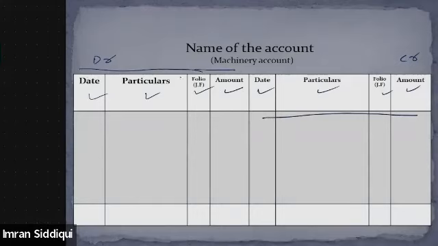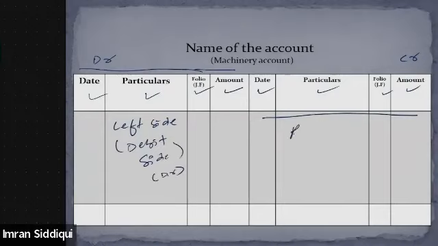The left side of the account is called the debit side, indicated by DR, whereas the right side of the account is called the credit side, indicated by CR.